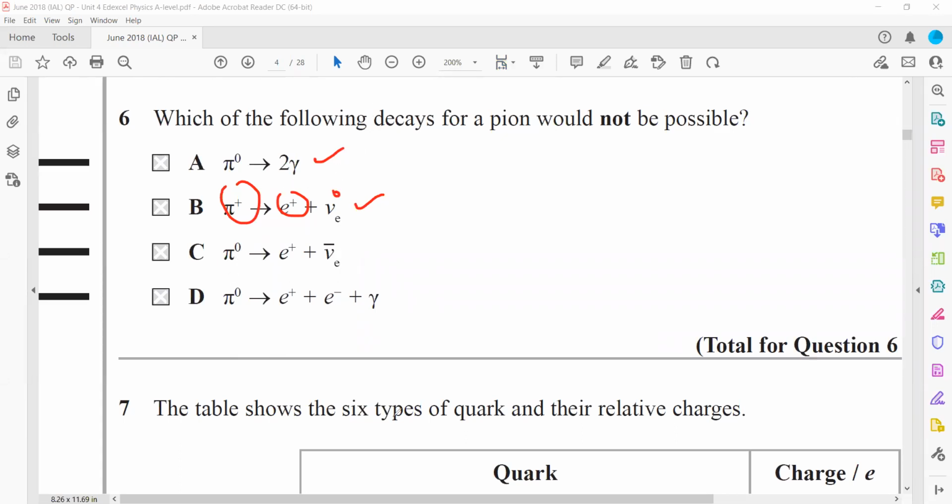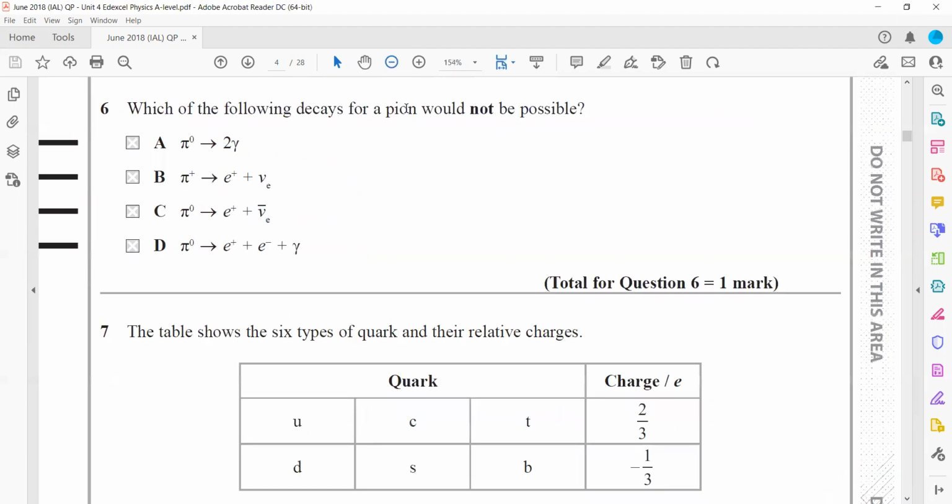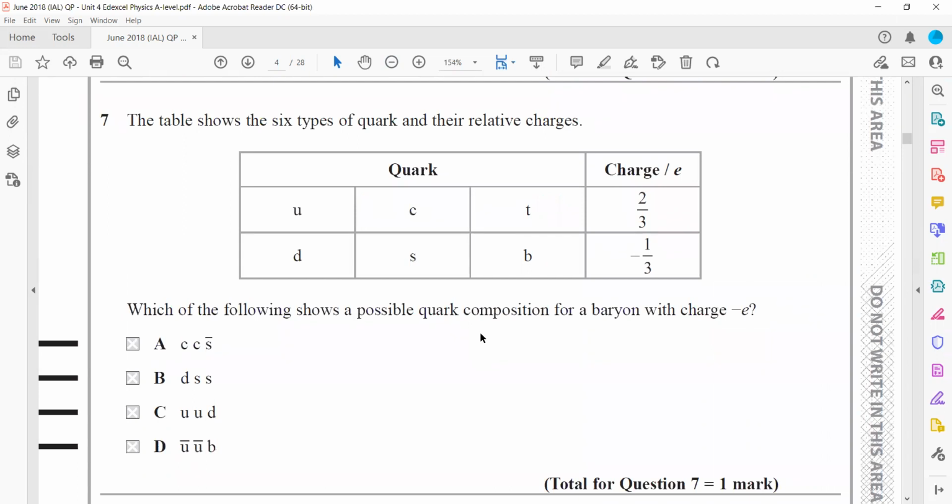But here, you can see this is neutral and this is positive, positron is there. So this does not conserve charge. So C is the right answer. This one conserves charge, neutral overall: no charge on the right hand side, no charge on the left hand side. So when you identify a decay, it's better to start with the charge, so it will be easy to identify.